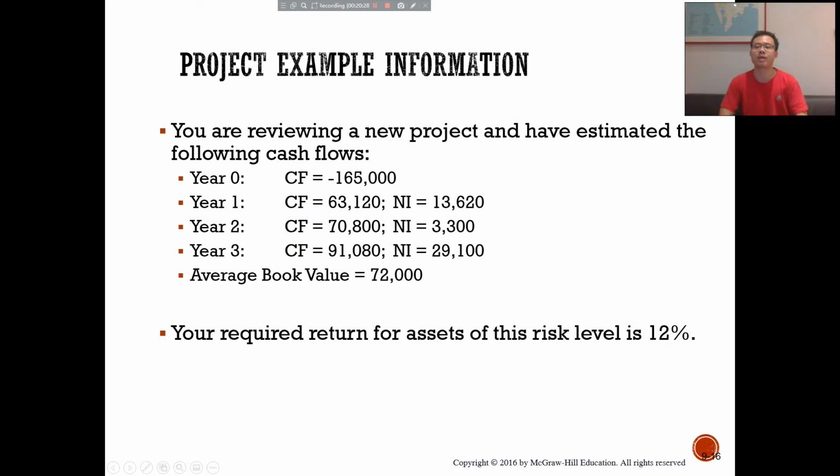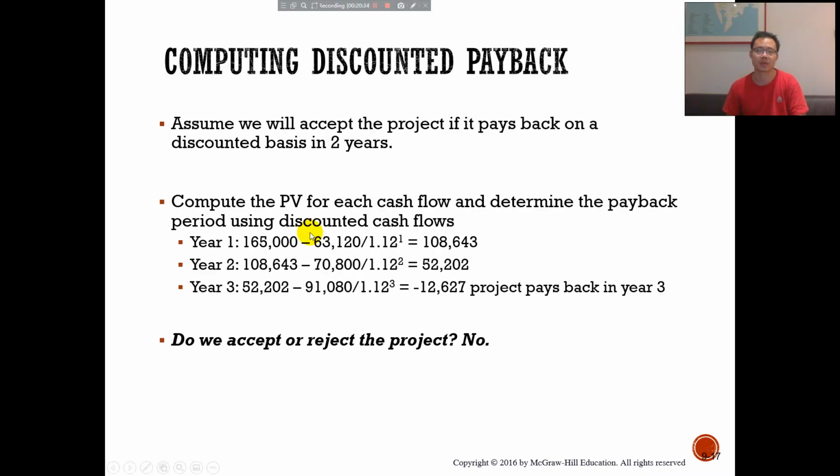In the simple payback period calculation, we only use the 4 cash flow information. Okay. Here, assume that we will accept the project if it pays back on a discounted basis in 2 years. Compute the present value for each cash flow and determine the payback period using discounted cash flows.